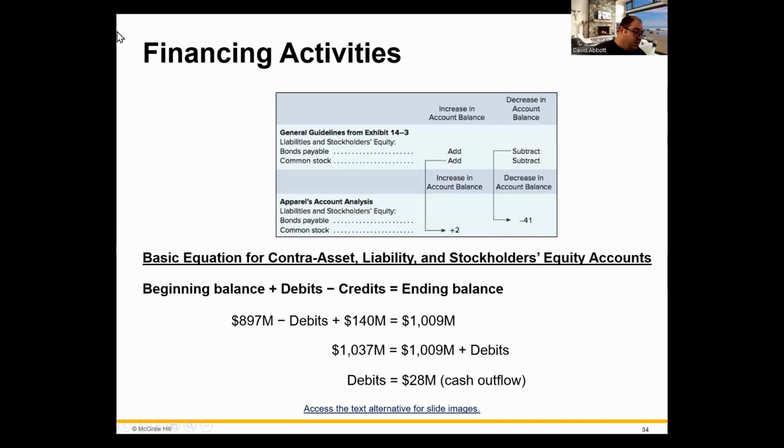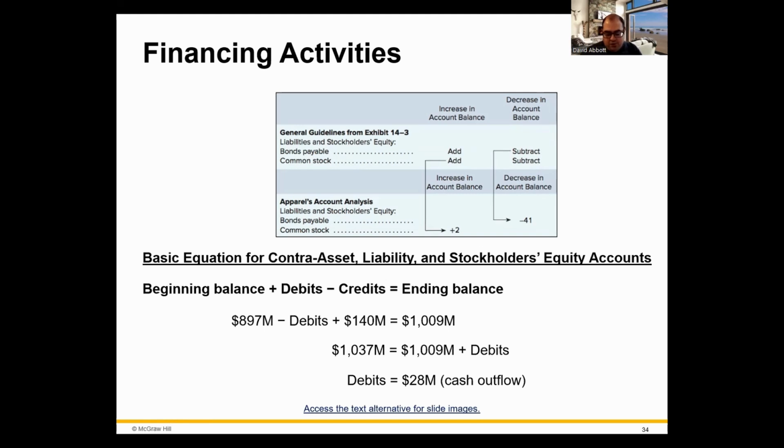All right, so financing activities. To compute the gross cash flows in the financing activities section of the statement, we would focus on the bonds payable, common stock, and retained earnings accounts.